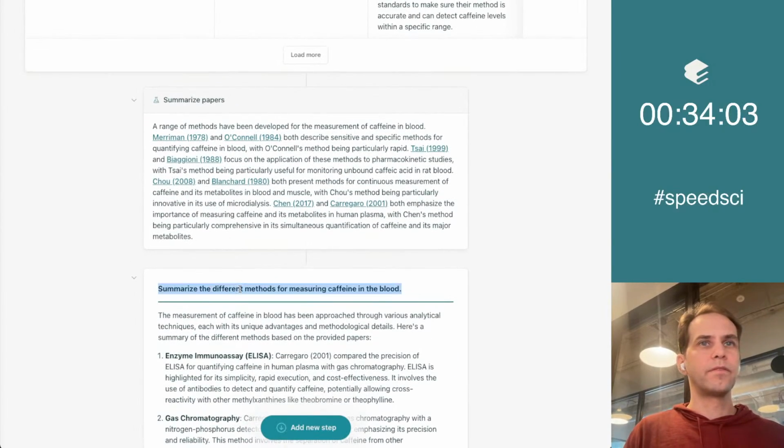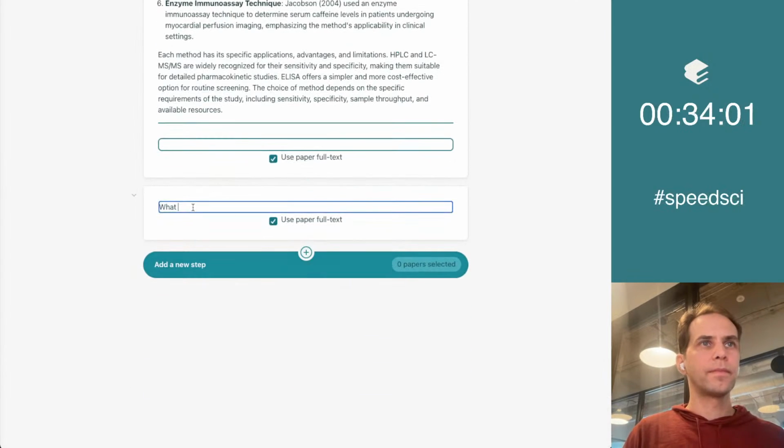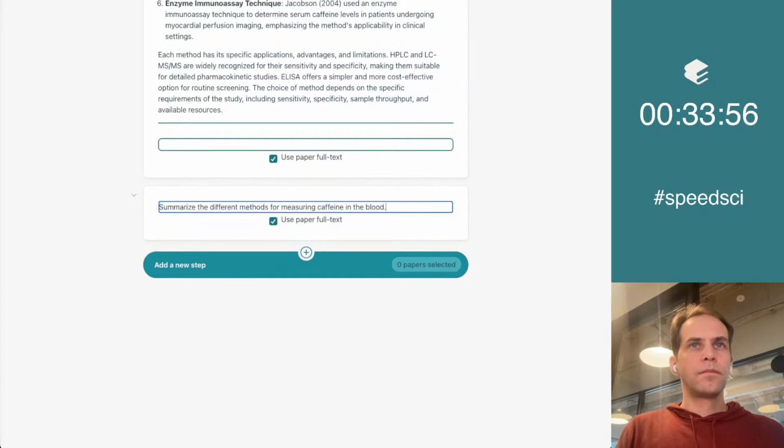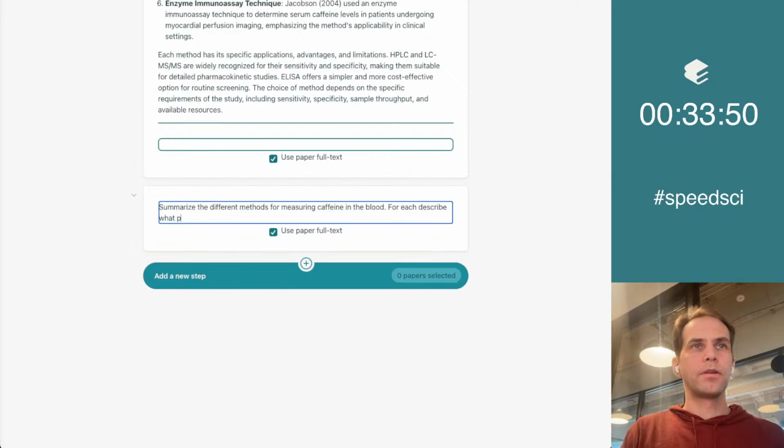Summarize the different methods for measuring caffeine in the blood. For each, describe what property of caffeine it relies on. Explain in simple terms.